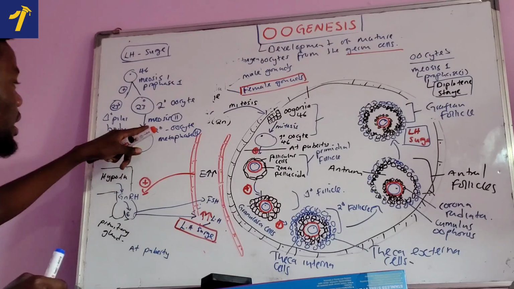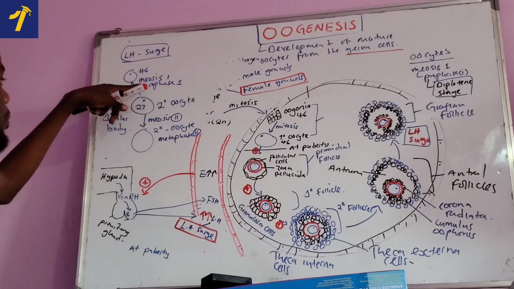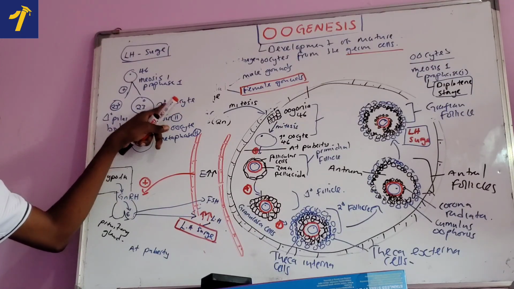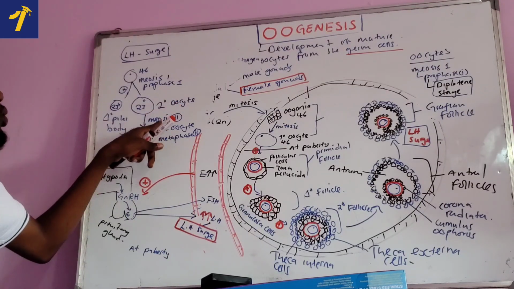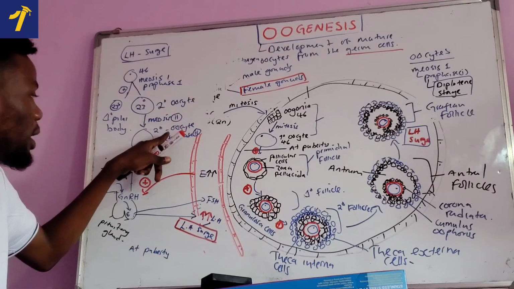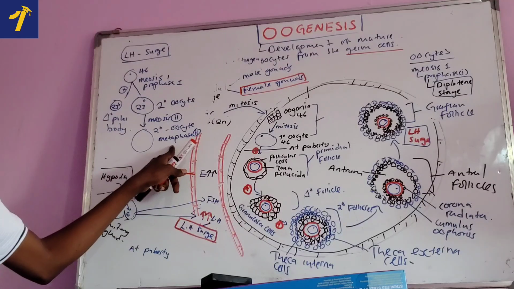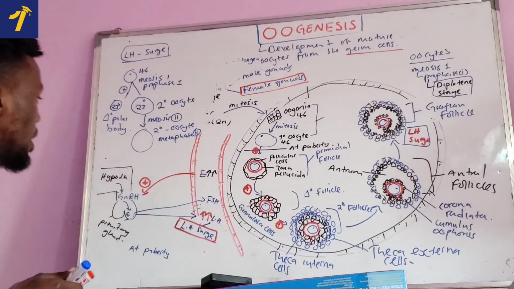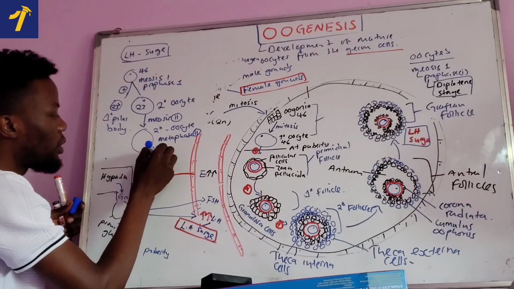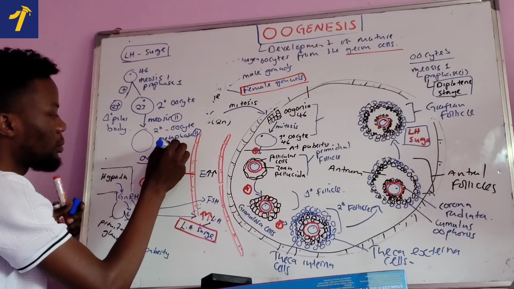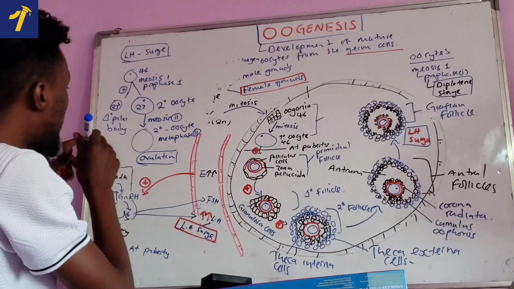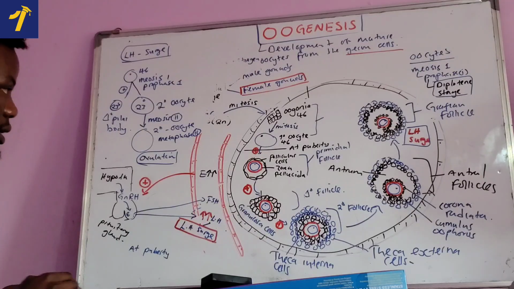The moment the primary oocyte changes into the secondary oocyte, then it will start undergoing meiosis number 2, but it's going to be arrested in metaphase 2. Then ovulation will happen. So these are the very important points that we need to take note of.